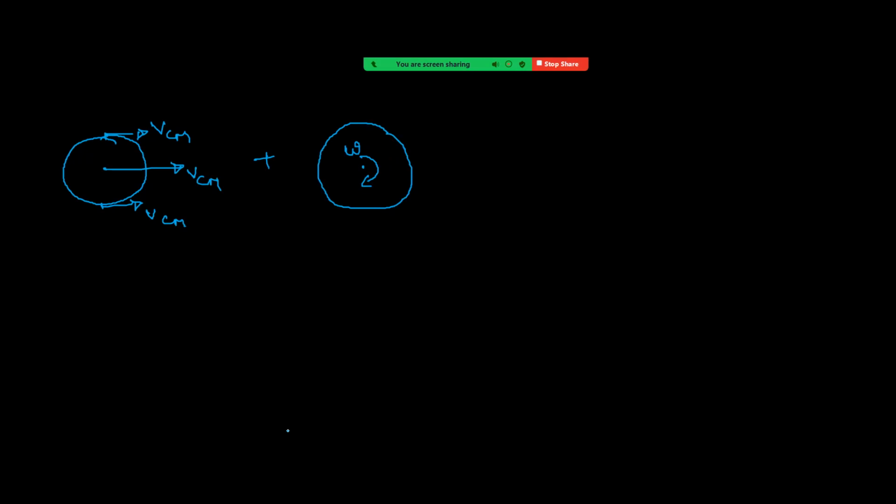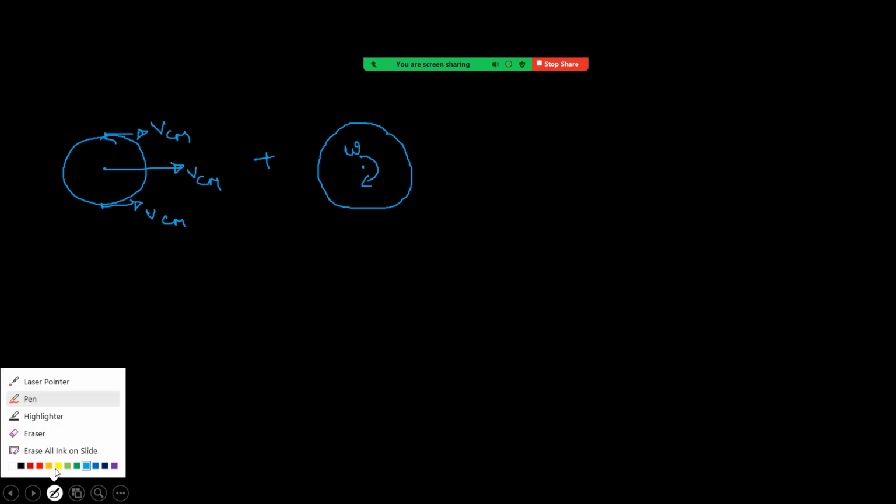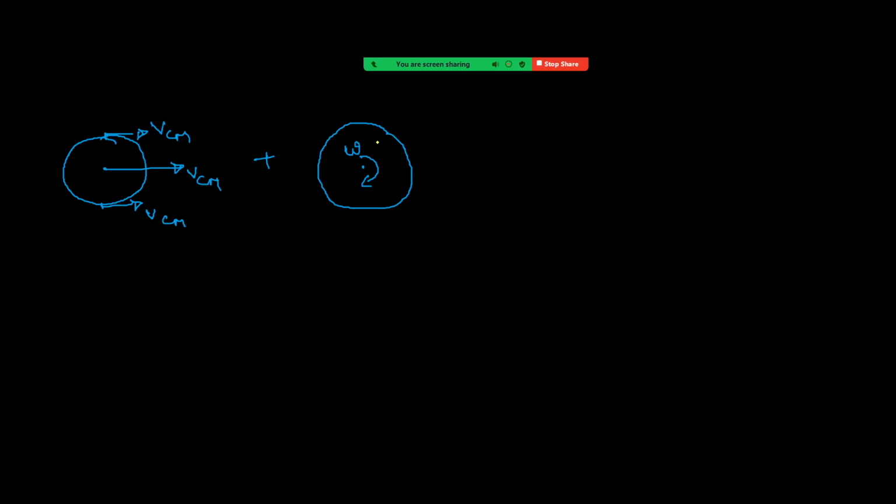So if you now take a point on the circumference, for this point, velocity because of rotation will be r omega. And you can see for this point, it is velocity r omega vertically downwards.